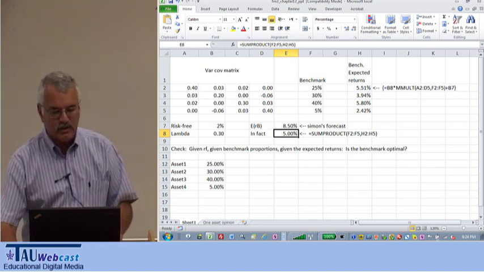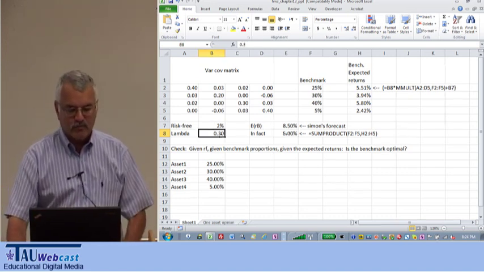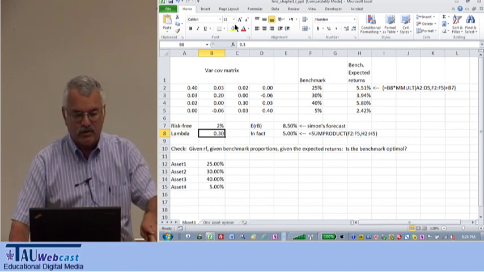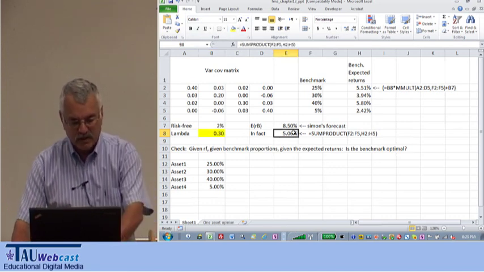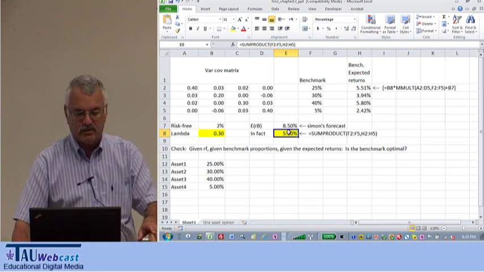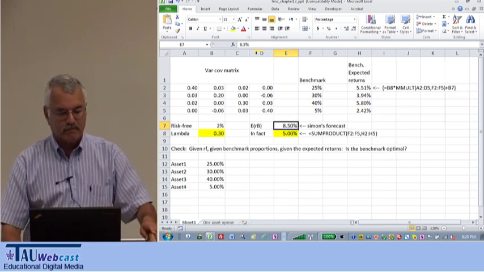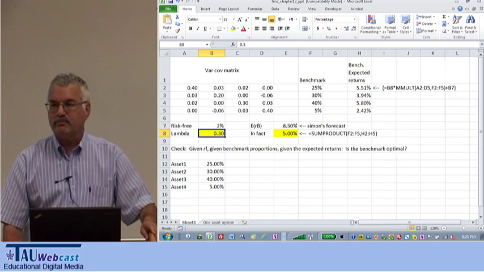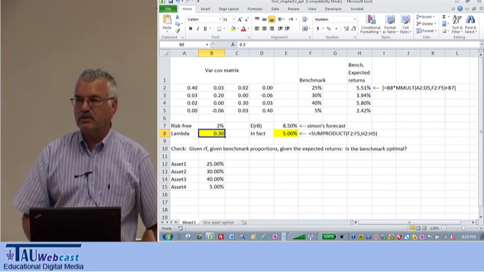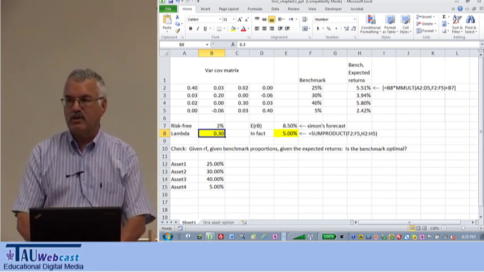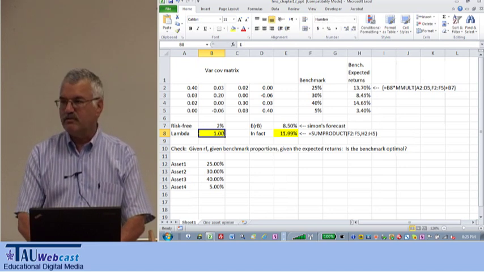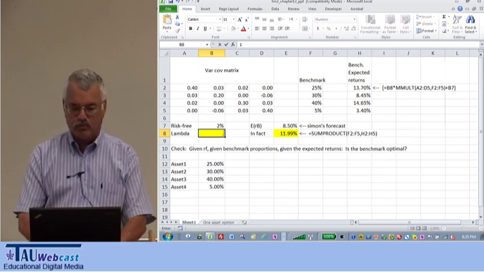But let's just play with this for a second. So I'm playing with this cell, and I'm trying to make this cell equal to this cell. If lambda is 0.3, the expected benchmark return is 5%. If lambda is 1, it's 11%, so somewhere between that, 0.8, 0.6.